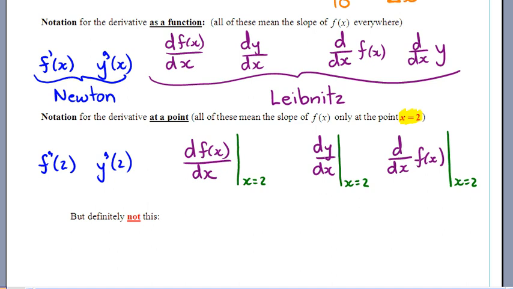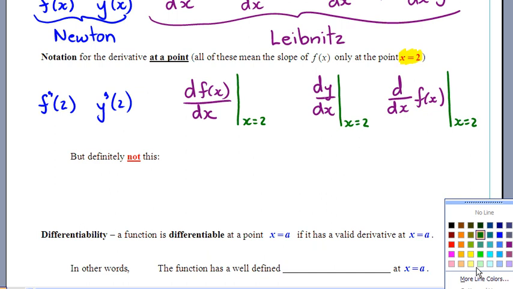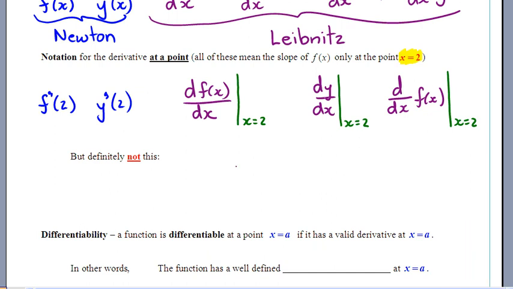All of those are fine, but here's something that you cannot write down because it has a big order of operations blunder to it. This is unacceptable. You can't write d f of 2 dx, because no matter what, the answer to that is 0. f of 2 is some sort of number, and this is basically saying, can you go and do the derivative of just a number?